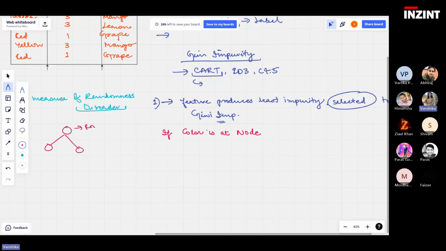This is the root, this is a decision node, and after these we are not splitting the tree, so this is a leaf, this is also a leaf. If this one has one more child, then this is also a decision node. Here we are going to see what the feature should be, based upon which I'm going to split. Firstly, we consider if color is at the node, so let's calculate the Gini for it.